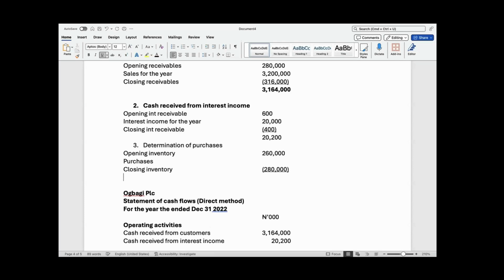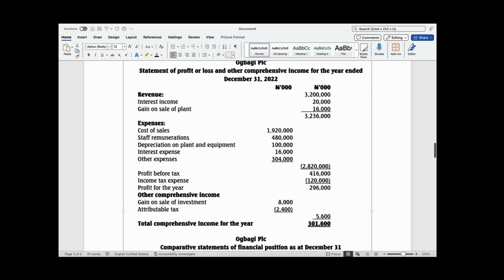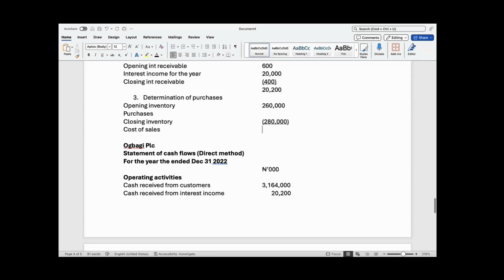Go back. My cost of sales is 1920. Okay, so you need to be able to do this when it comes to statements of cash flows, how to get this one as a balancing figure. The easiest way for you is, because this is like an equation now, just do this: 260 in brackets means minus 280, that gives me minus 20.